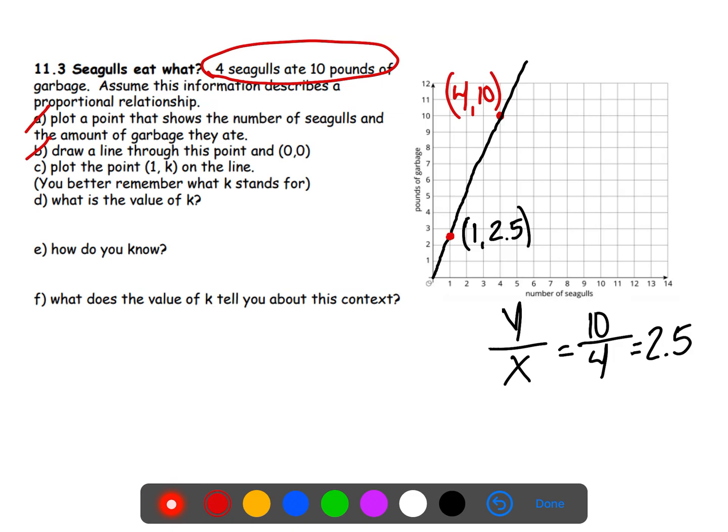What is the value of k? 2.5, the constant of proportionality here. How do I know? Well, I know that by using the information, the ratio given, I've calculated that constant of proportionality. And then lastly, what does the value of k tell you about this context? Again, we said that one seagull eats 2.5 pounds of garbage.